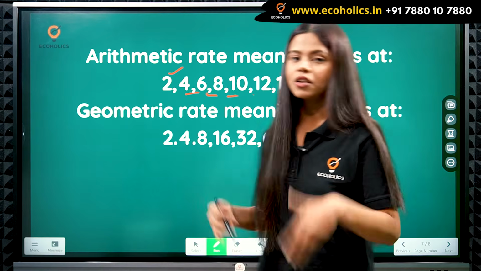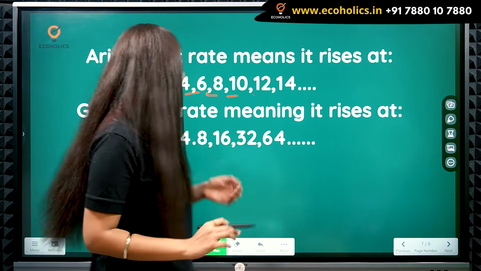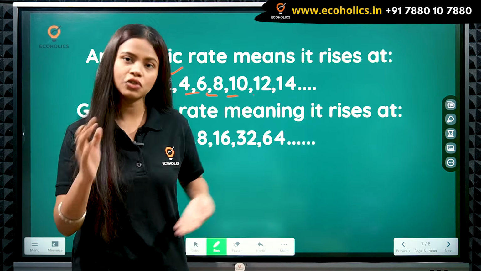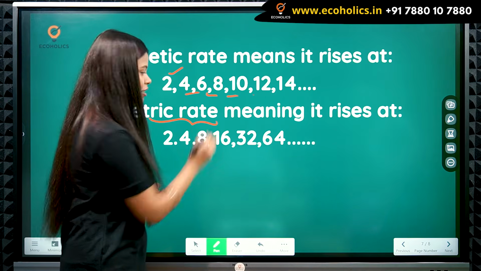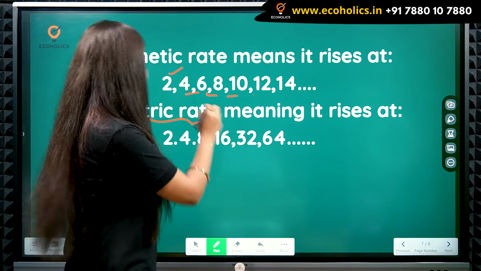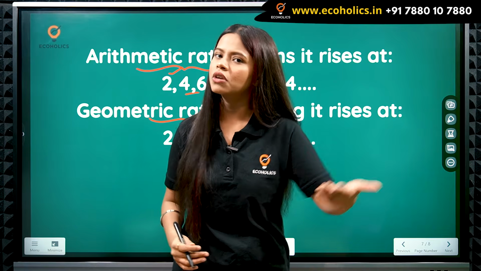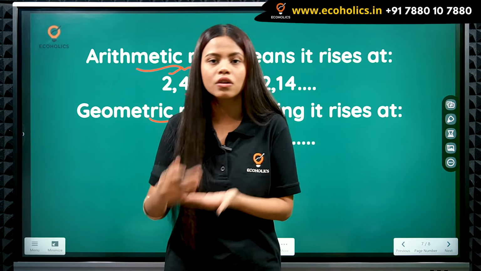This is the meaning of arithmetic rate and geometric rate. You can conclude that the population growth, which rises at the geometric rate, rises very rapidly, whereas the food supply, which rises at an arithmetic rate, rises very slowly, or at a very constant rate.